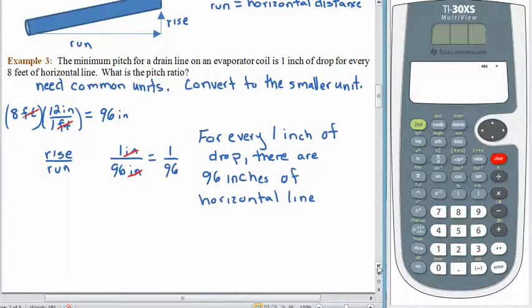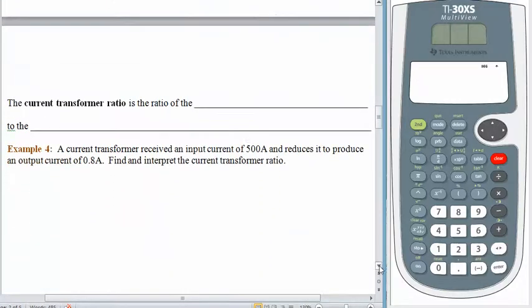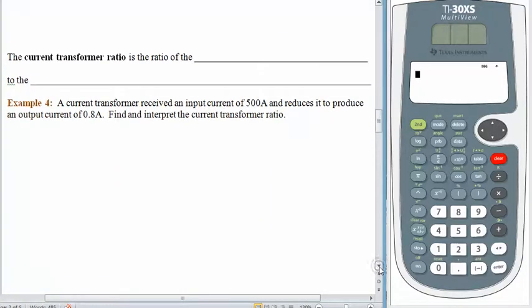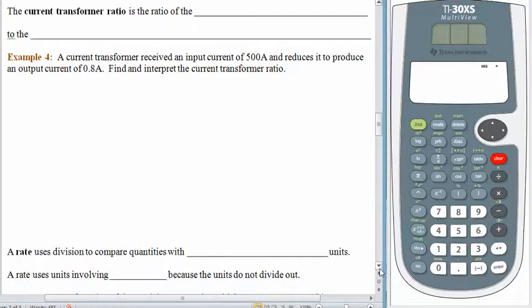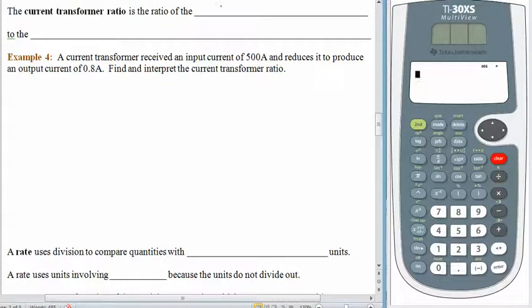Let's see, what other ratios may you see? Oh yes, I almost forgot about this one. The current transformer ratio. Current transformer ratio is the ratio of the incoming current to the reduced current.